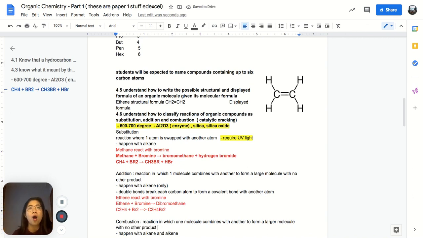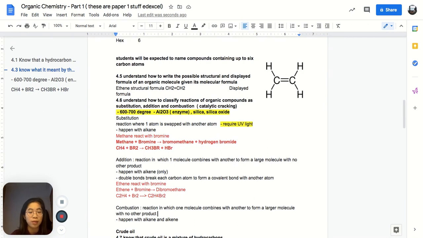They won't ask you, can you tell me the definition of combustion, or of substitution, or of addition? They wouldn't ask you that. They will ask you the example though, so you gotta remember. That's why I used a red pen, to make sure you guys remember the example, because it is really important.